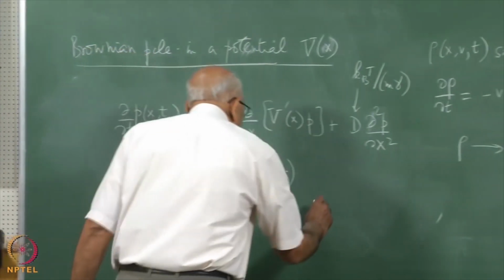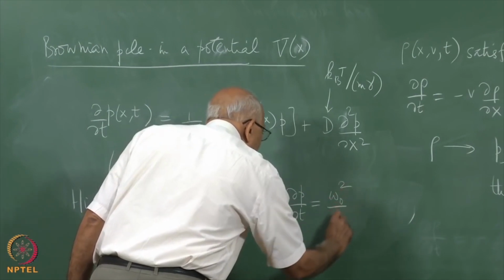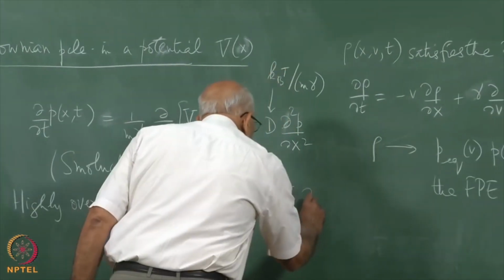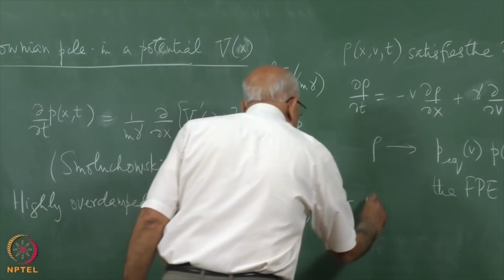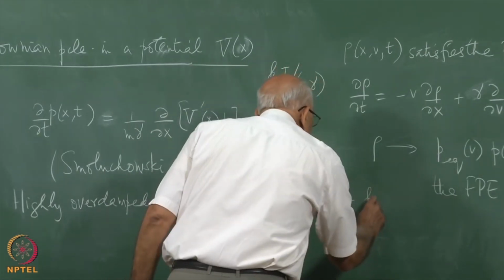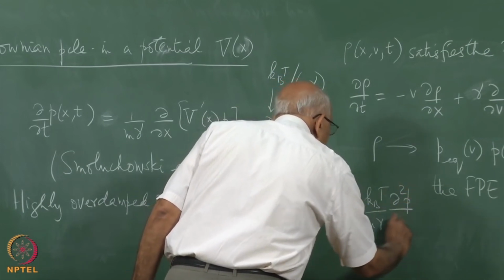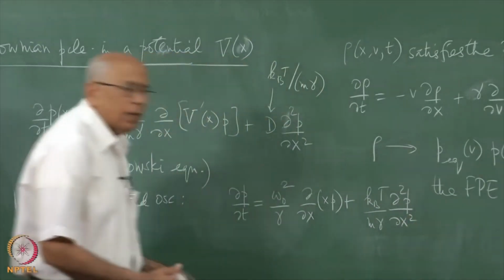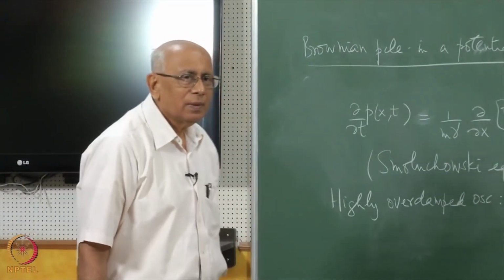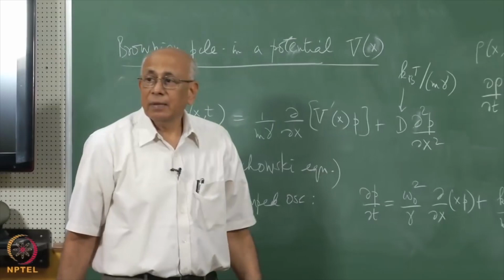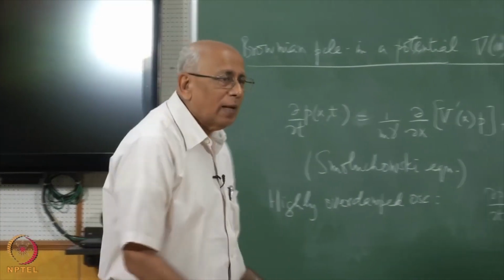So, you end up with delta p over delta t equal to omega naught squared over gamma times delta over delta x of x p plus D times, this is kT over m gamma, that is the Fokker-Planck equation. Does it remind you of any other Fokker-Planck equation you have seen? Yeah, the velocity process for a free particle. What did that equation look like?